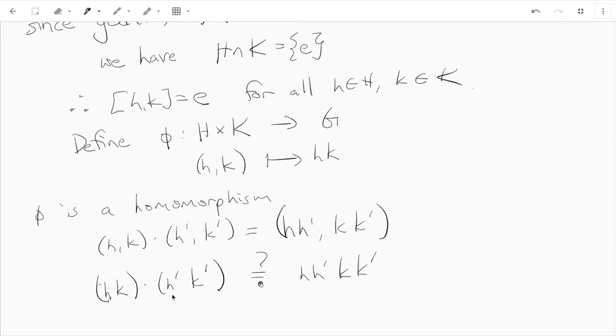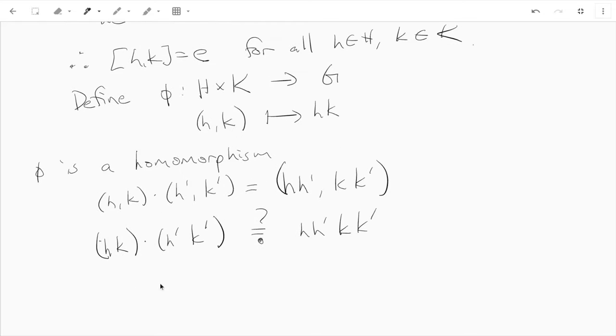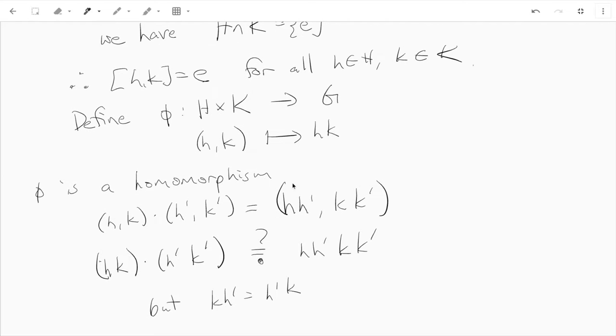This is true because k commutes with h', so we can switch them. But k h' equals h' k. So phi(h,k) times phi(h',k') equals phi(hh', kk'). So we have a homomorphism.